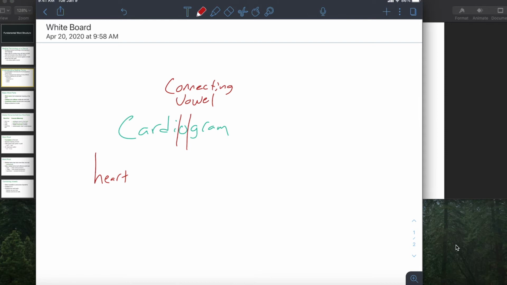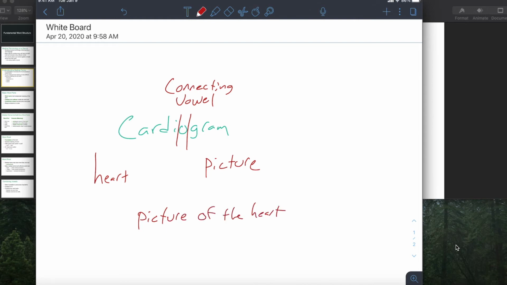Then if you look at the word root gram, gram means picture. Just like the word Instagram means instant picture. So a cardiogram is taking a picture of the heart.